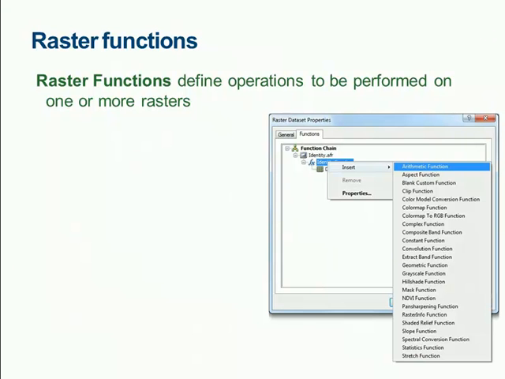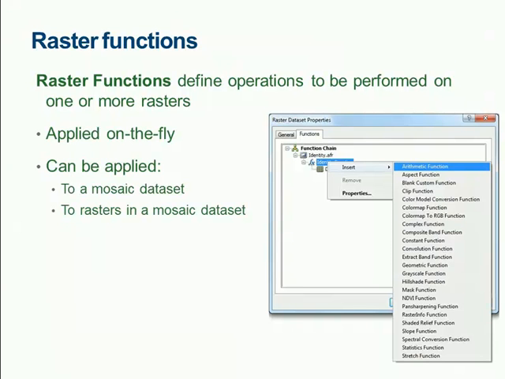This shows the user interface for applying those raster functions. I just showed examples of band combinations for the NAIP imagery and a hillshade and slope, which you can see in this menu. But note there are many, many more functions. Also note, raster functions can be applied not only to the mosaic data set, but to individual rasters in the mosaic data set.